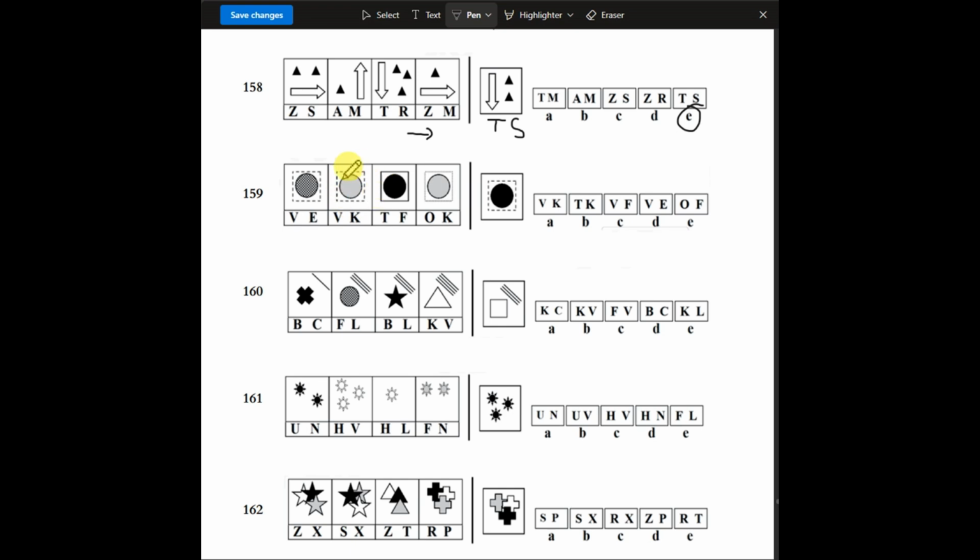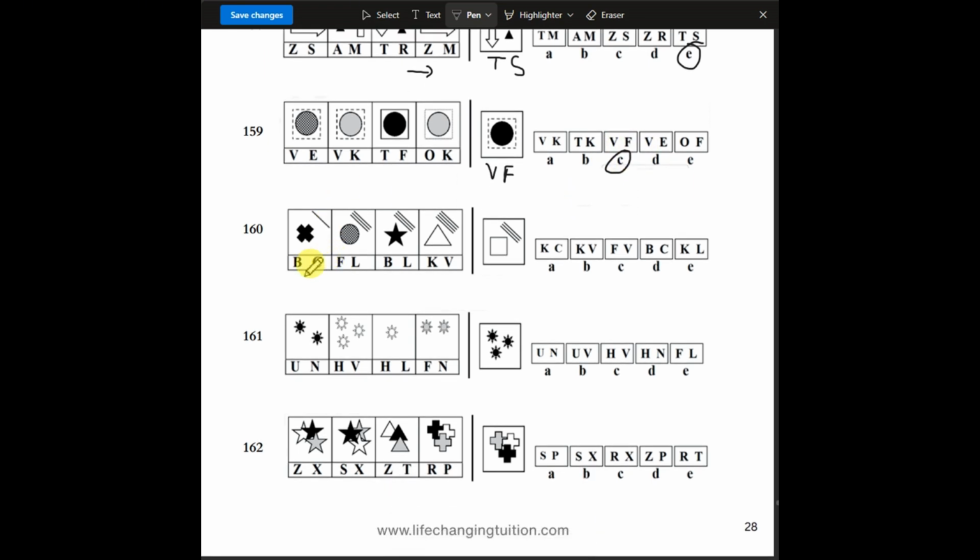V and V seems to indicate the dotted lines on the outside, whereas T would mean straight lines on the outside, O would mean small dashes. This is a V type shape, yeah? The next one, K and K means grey, so F would mean black, so it's going to be V, F, so option C.